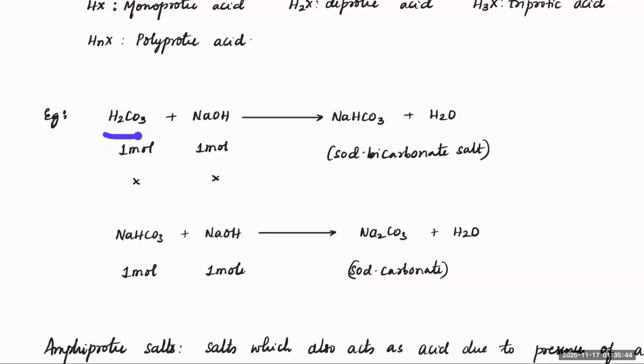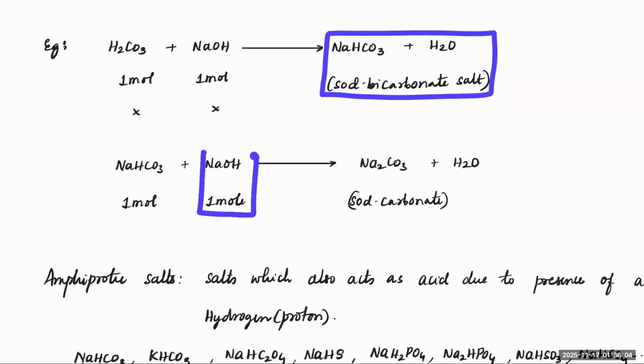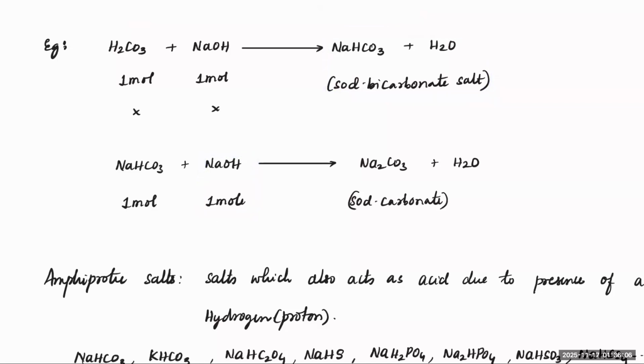So the first H plus will be neutralized with NaOH. Since there is no more NaOH left, you will only have this salt and water. What if there is one more mole of NaOH present? In that case, you will have only Na2CO3 and water.